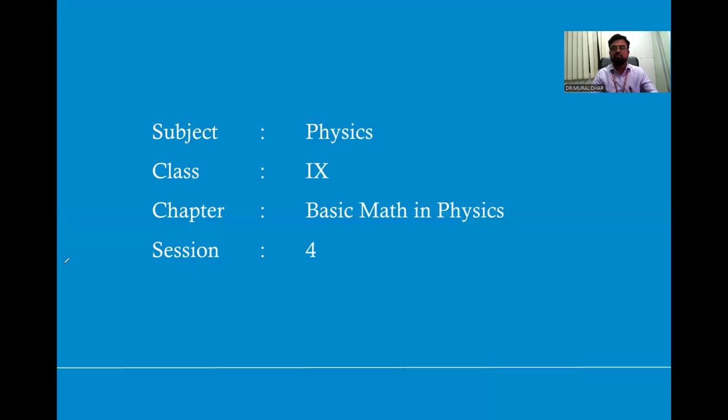We started with algebra, all the formulas of algebra, then trigonometry, trigonometric functions, rules of the trigonometric ratios, and many more about trigonometry. We are done with algebra and trigonometry. These are the 2 important chapters which help in physics, right?